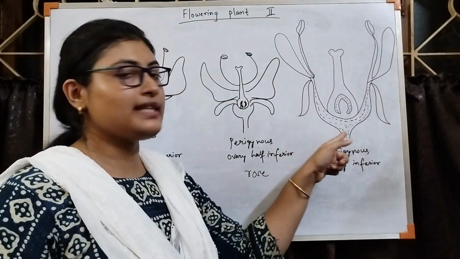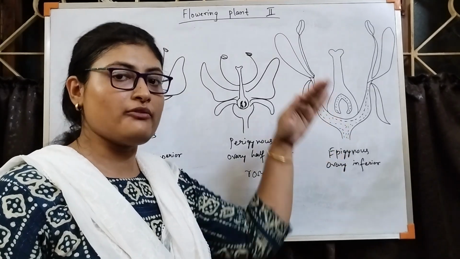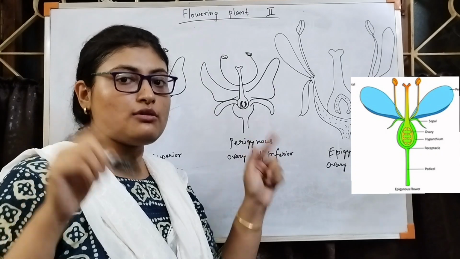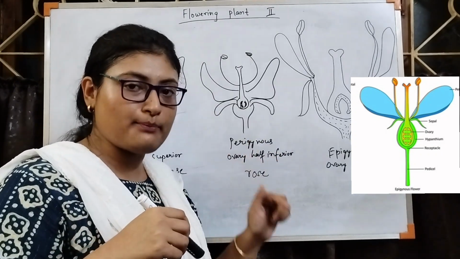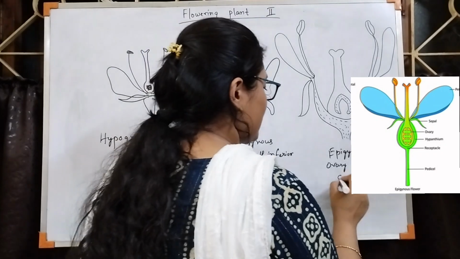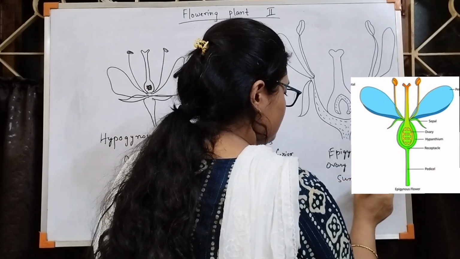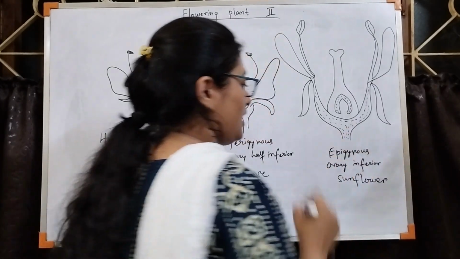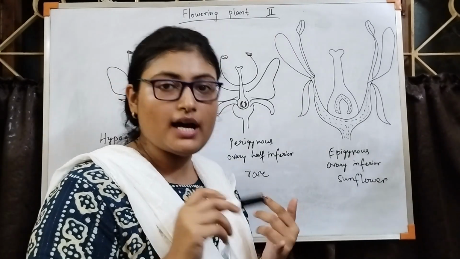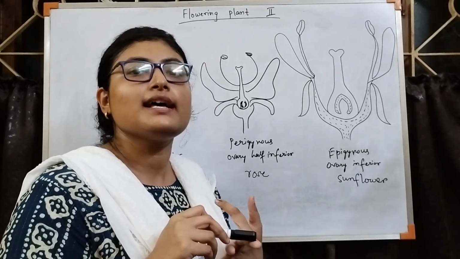Epigynous means the position of the ovary is below, down in comparison to other whorls, other parts of the flower. This kind of arrangement can be seen in sunflower. So three common examples I have given. One is China rose, another one is rose, another one is sunflower.